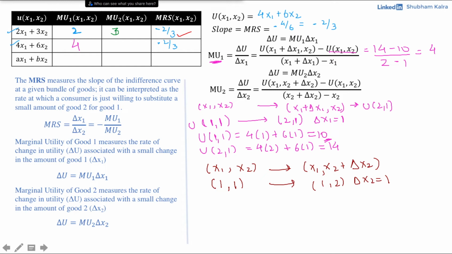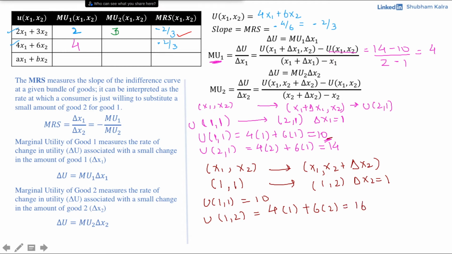Let's calculate the corresponding utilities. U of 1 comma 1 is equal to 10 as we calculated here. Since your utility function is the same, let's quickly calculate the utility of 1 comma 2, which would be 4 multiplied by 1, as here x1 is 1, plus 6 multiplied by 2, as x2 is 2. That would be 4 plus 12, which is equal to 16.